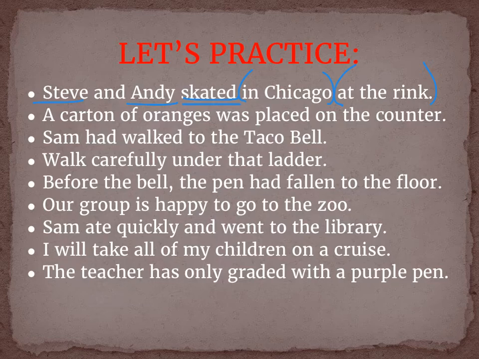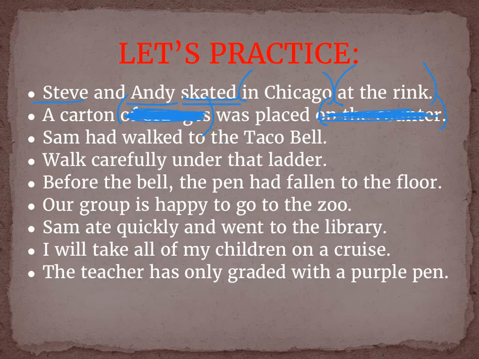Sentence number 2. We once again look for our prepositional phrases and or infinitives. Of what? Oranges. On what? Counter. Now if you look at this sentence and we eliminate those prepositional phrases, it becomes easy to now find the subject because remember, the subject cannot be inside that prepositional phrase.